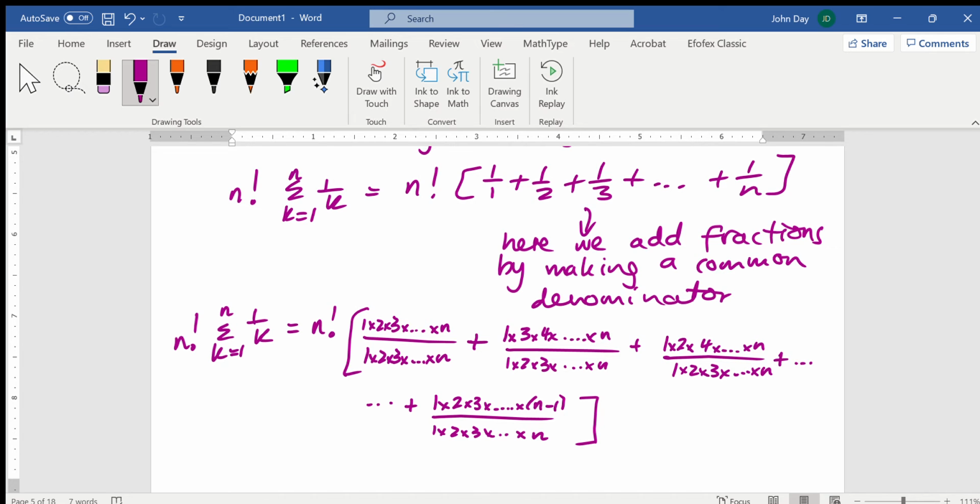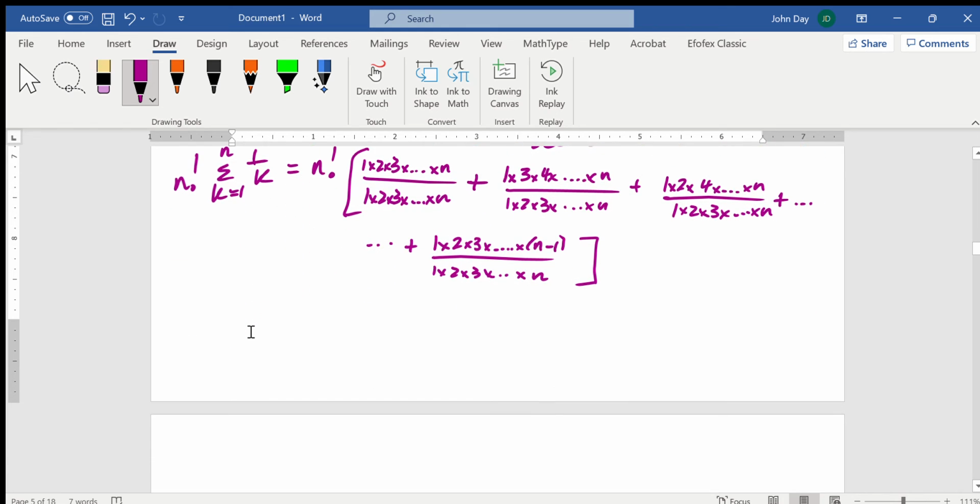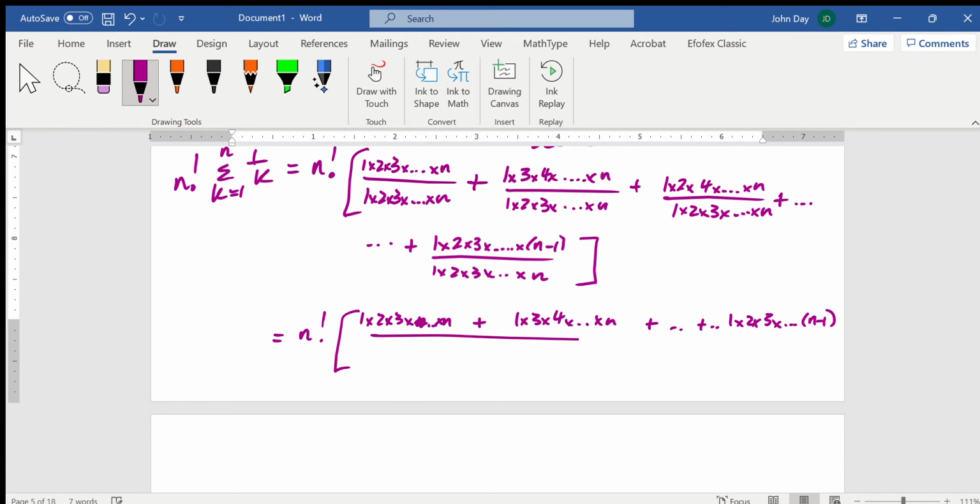So if n factorial is on the bottom, you end up with this equaling n factorial times this: 1 times 2 times 3 times up to n, plus 1 times 3 times 4 times up to n. Sorry, should add some dots here. Plus all the way up to 1 times 2 times 3 times up to n minus 1. That's all over n factorial, isn't it?